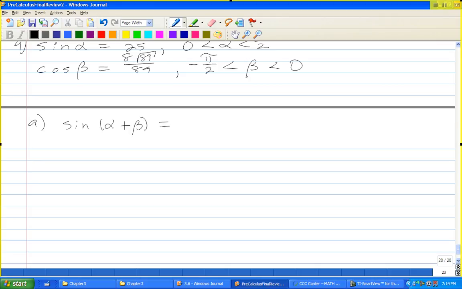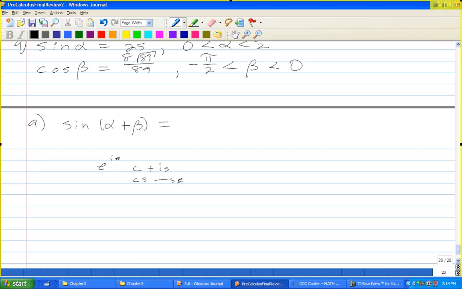Okay, so it's going to be that cosine sine. Oh, it's imaginary.